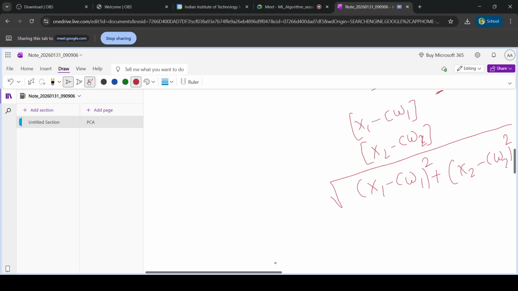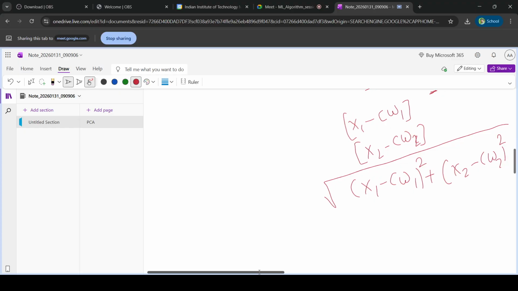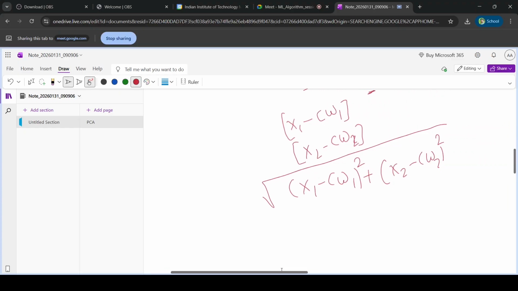But the problem is you have to find the length squared, because we need to figure out the length of this error, which should be minimum, and we are trying to find the length squared of this error.